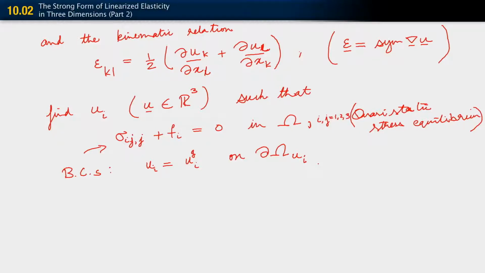What this means, well, let me draw it right here. We have our domain. It means that for each component I could have a certain Dirichlet boundary. Let me suppose that this is the Dirichlet boundary for the component 1.